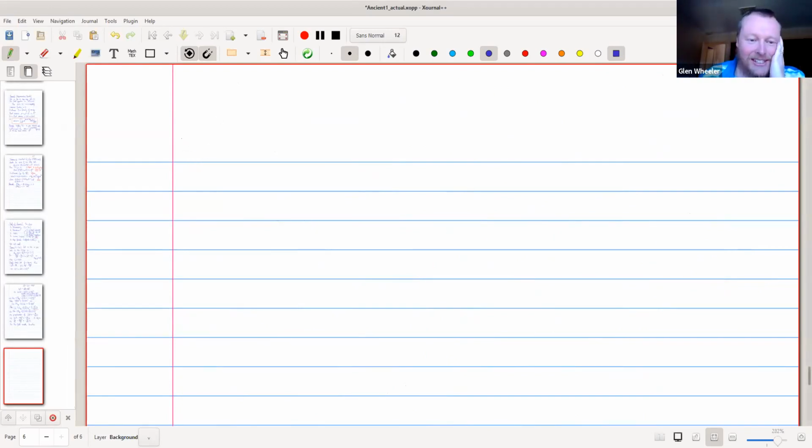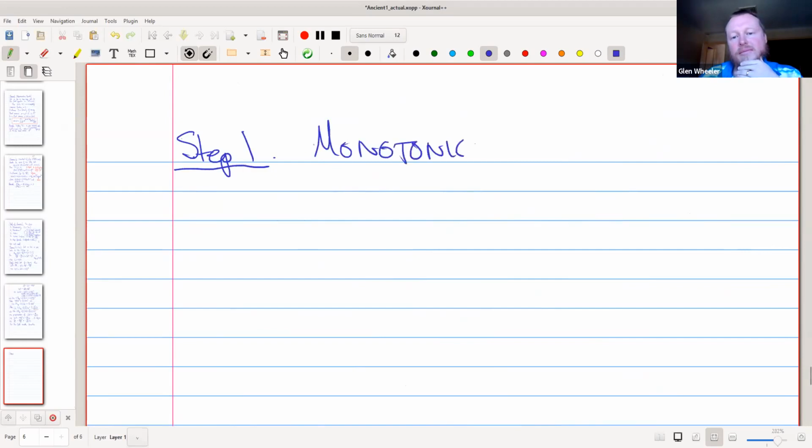Alrighty, so step one. This is the monotonicity step. Yeah, I know you've probably seen that derivation of Liao 1,000 times.